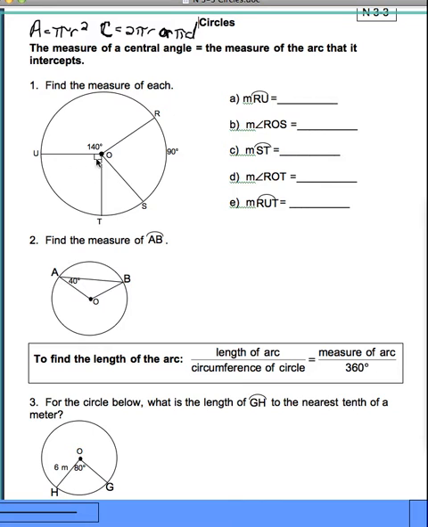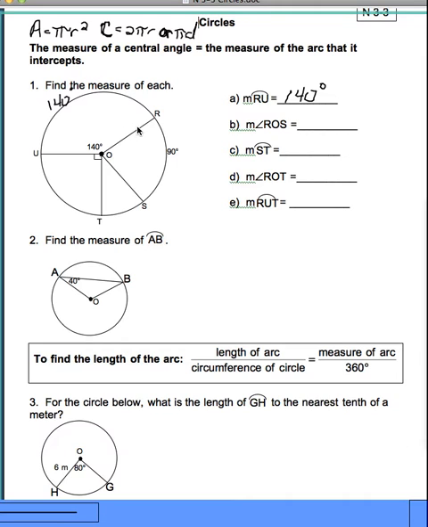This one is 90 degrees, this one is 140. We don't know the arc, but using this theorem, the central angle is 140, so the measure of arc RU must also be 140 degrees. Arc measures are also in degrees.